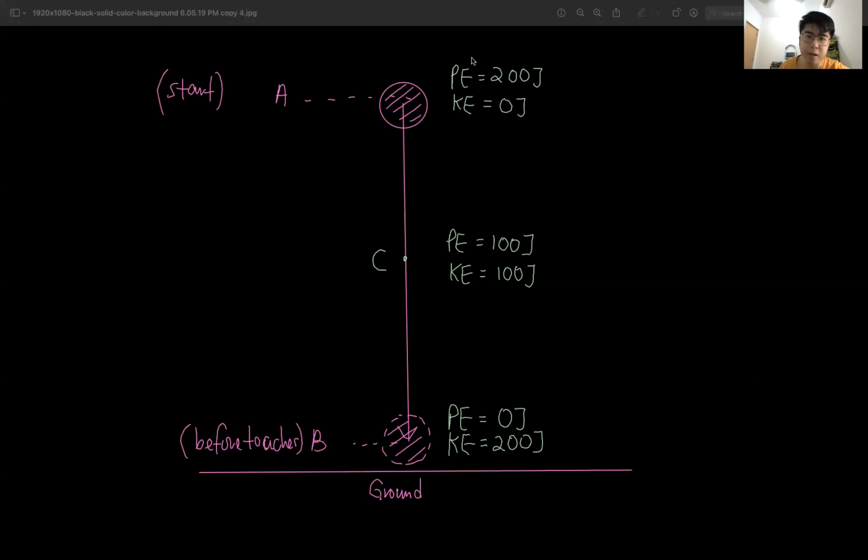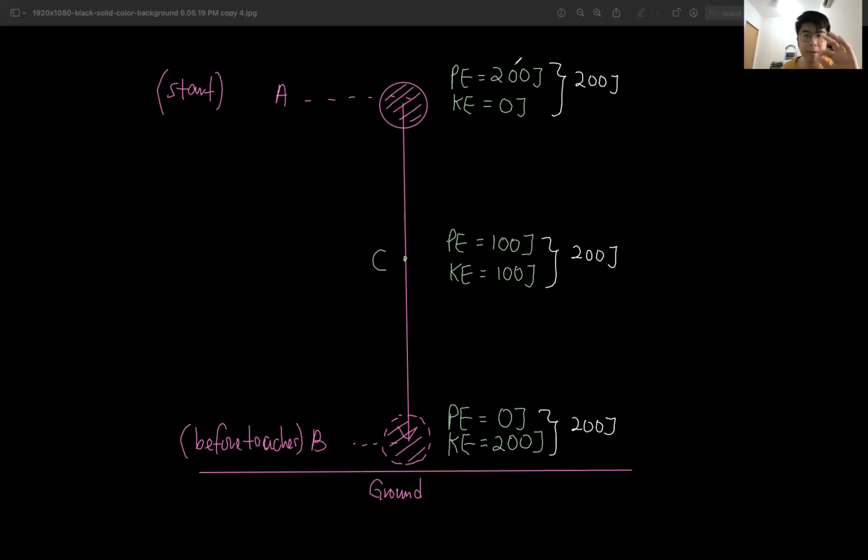Now, notice that all here must add up to 200 joule. What is this? Total 200 joule. Right? What is this? Total 200 joules. The total energy at each point. When I say total, that means the PE plus the KE together. The total energy at each point must be the same. 200, 200, 200, 200.